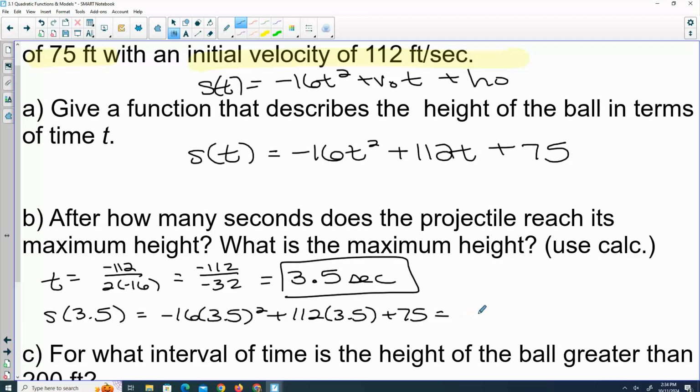And we get maximum height is 271. Those are the only questions I could really ask you because all the others require a graphing calculator.